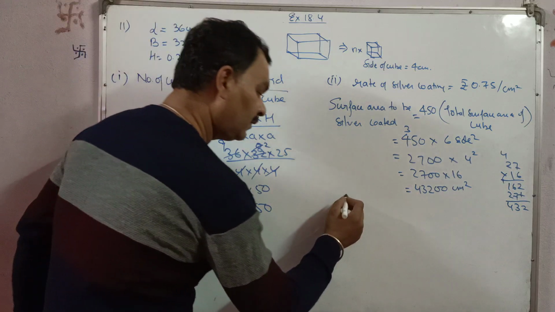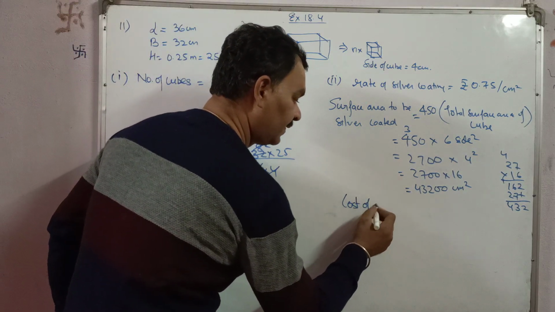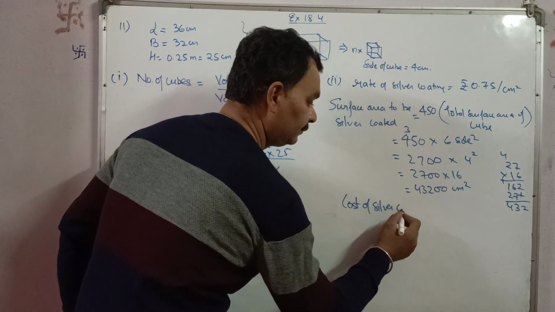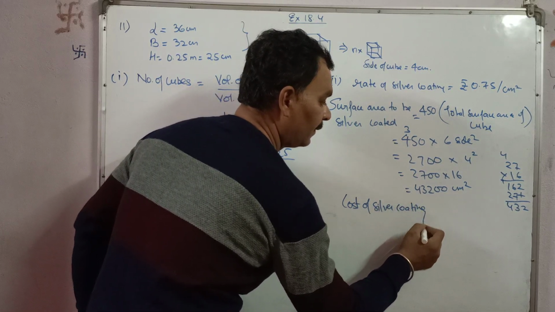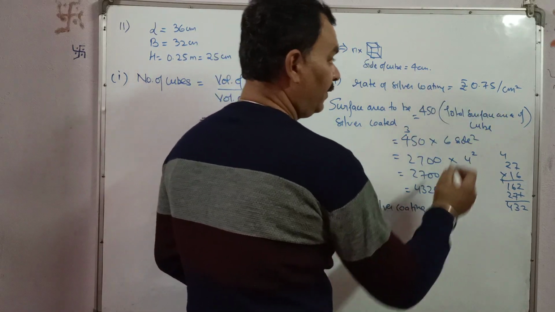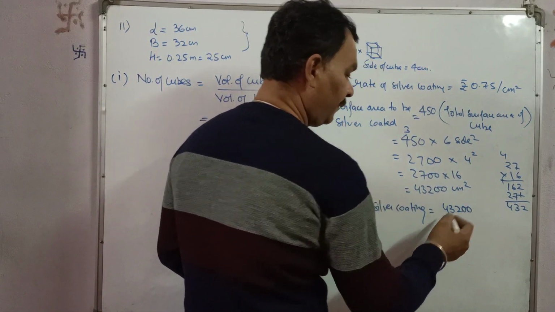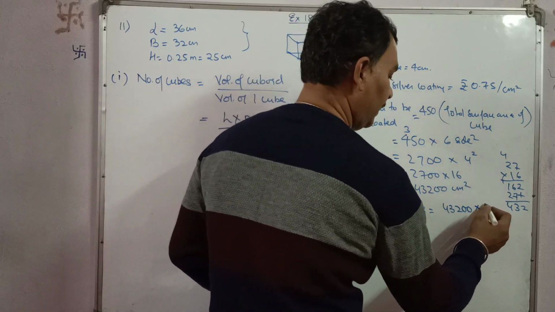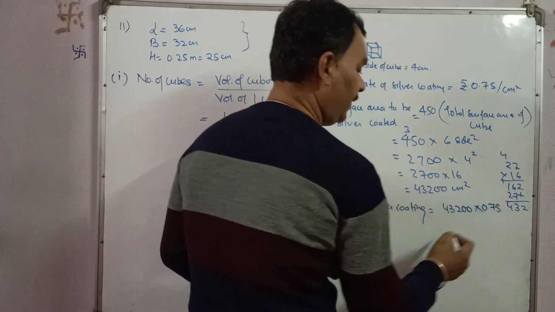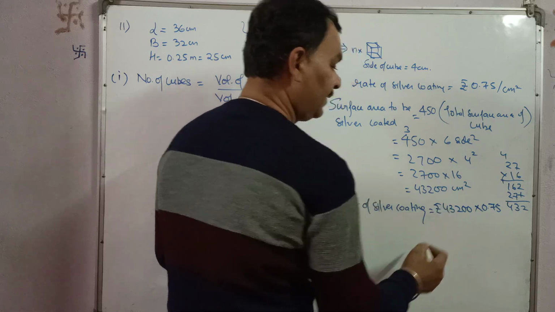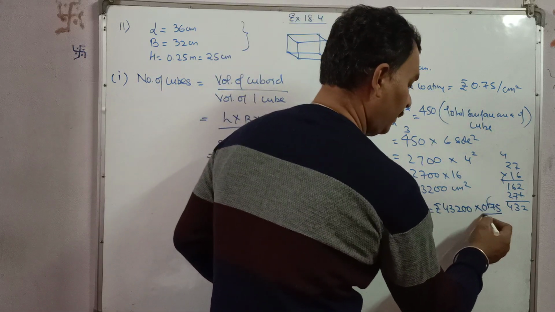So cost of silver coating: the rate of silver coating is 0.75 and we need to coat 43,200 centimeter square. So 43,200 into 0.75. We will remove this point and divide by 100.